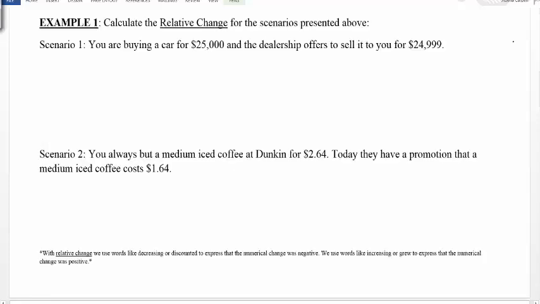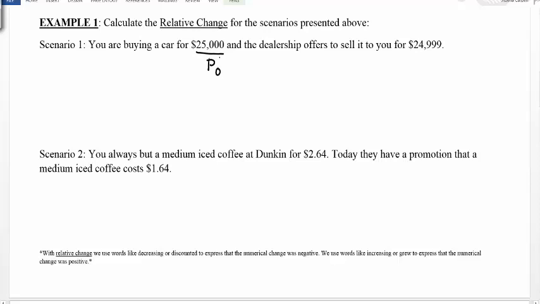Example 1. Calculate the relative change for the scenarios presented above. Scenario 1 was that we were buying a car for $25,000 and the dealership offered to sell it to us for $24,999. So here, the original price was the $25,000.